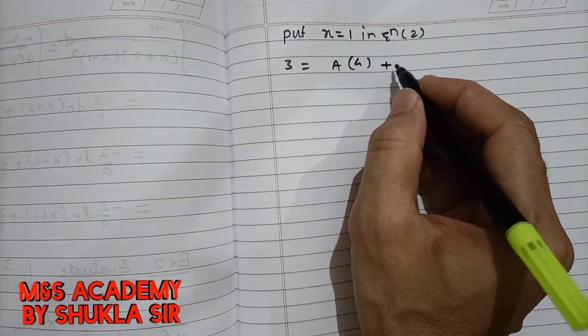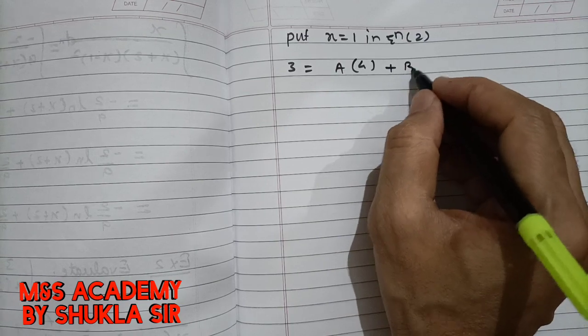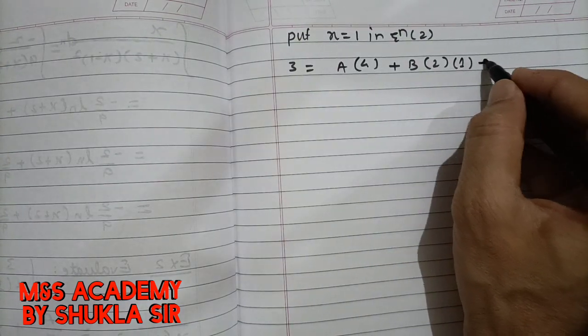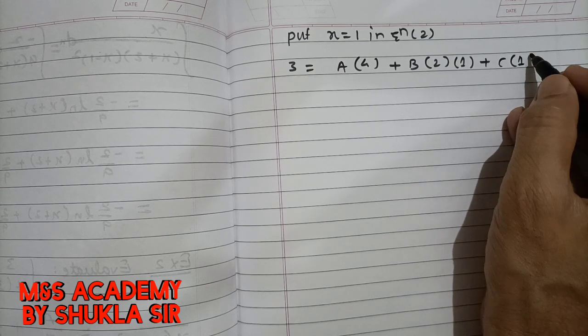Similarly other calculation can be done, so b, this is 2, this is 1, plus c times 1.